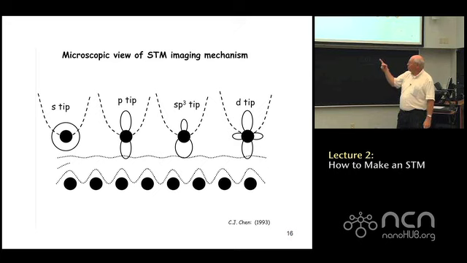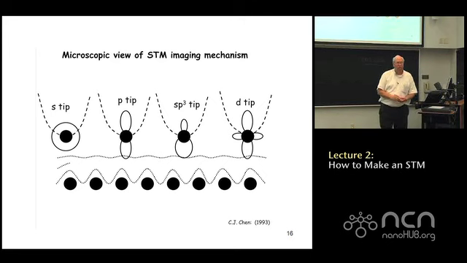And so, for instance, an S-type tip, which has spherically symmetric wave functions associated with it, would not be a good tip to obtain atomic resolutions. Whereas a P-type or a D-type tip would be much better, right?